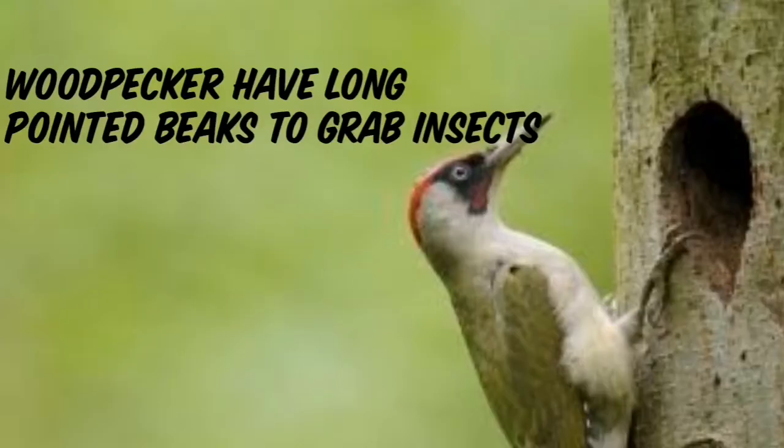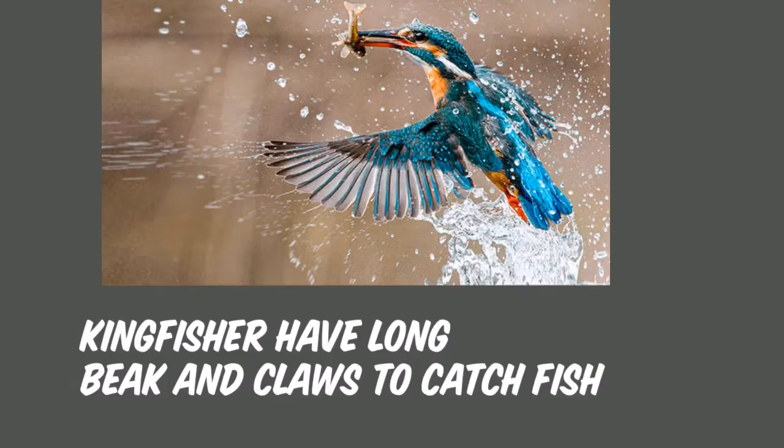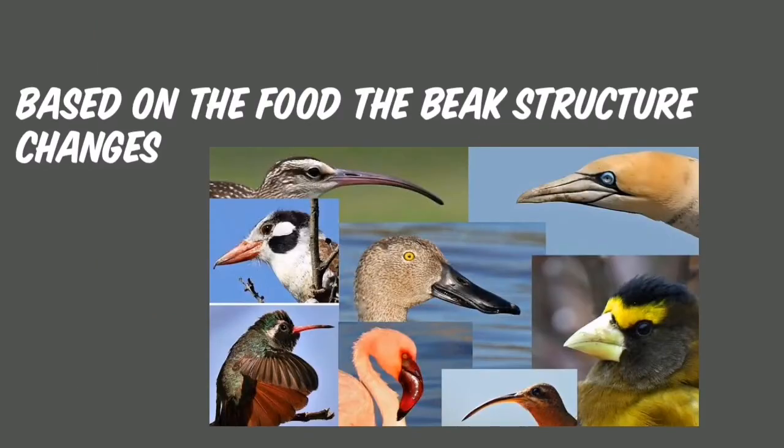Birds like woodpecker have a long pointed beak so that they can make a hole inside the trees and pull out the insects. Birds like kingfisher have very long beaks and long legs because they eat fish as food. So based on the food the bird eats, the beak structure and size differ.